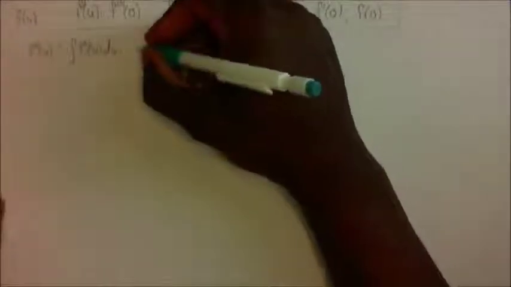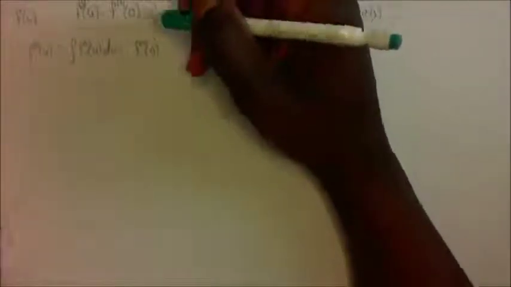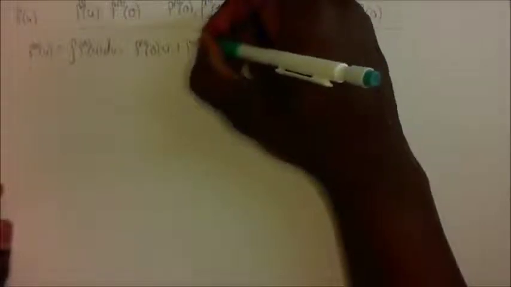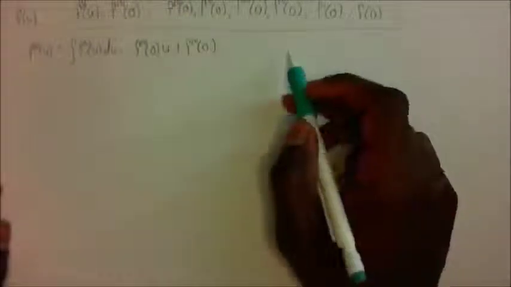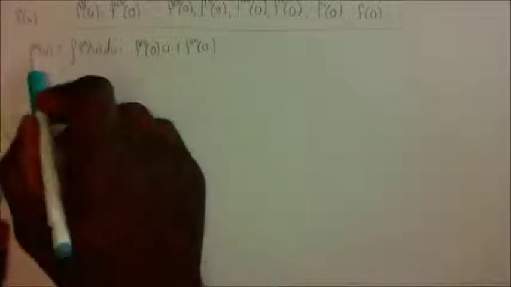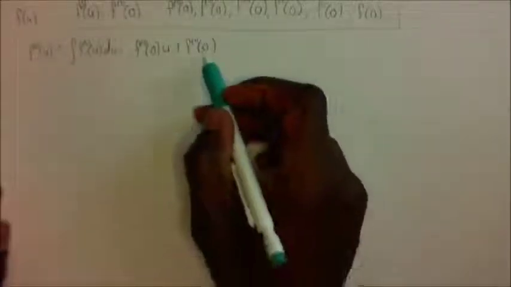Mind you, these are all constants, as I said. So that is equal to, we'll call it f5 of 0, I'm just shortening it for the fifth derivative at the point where u equals 0, times u, plus f4 of 0. So now we have the formula for the fourth derivative of u.